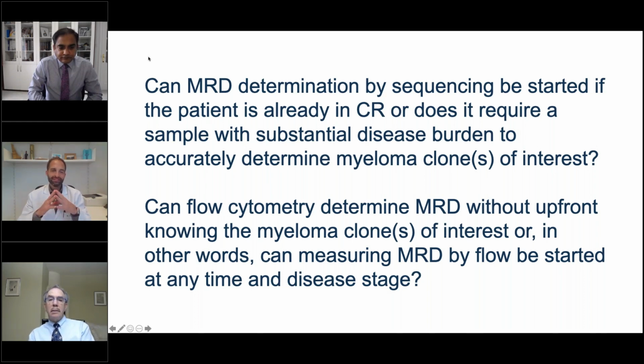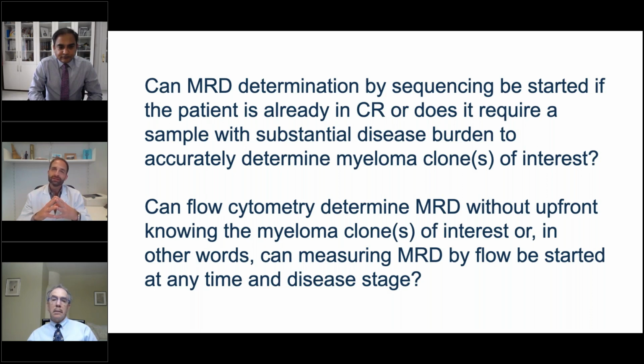Well, obviously, I will leave the first question to Lanny, as he's the expert in next generation sequencing. Regarding flow, it is true, you can determine MRD by flow regardless of information at diagnosis, or at baseline if a relapsed refractory patient. This being said, knowing the information up front will always be helpful, but on the other hand, for those that are performing MRD by flow, please don't focus only on the aberrant phenotypes identified at baseline.